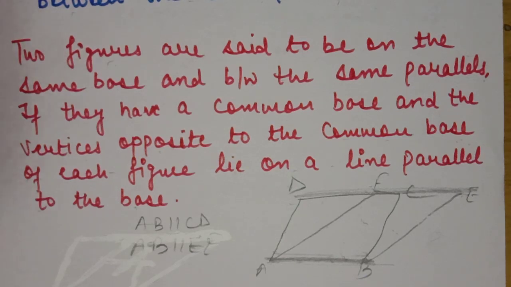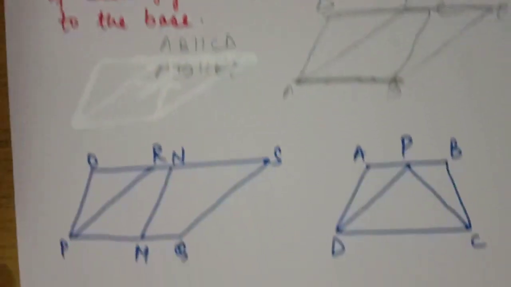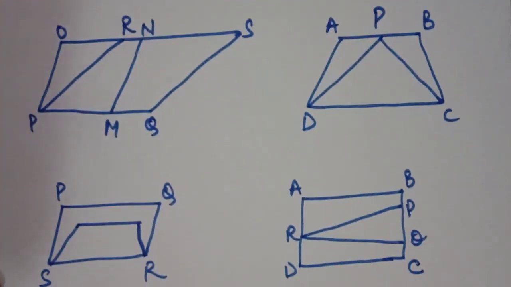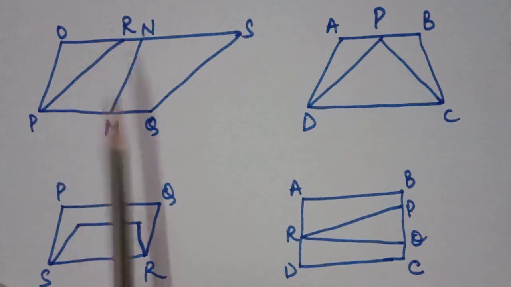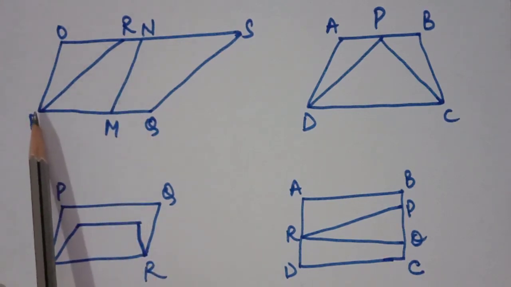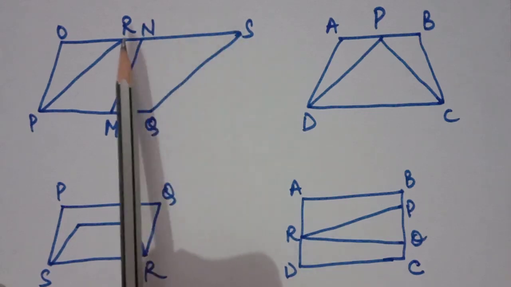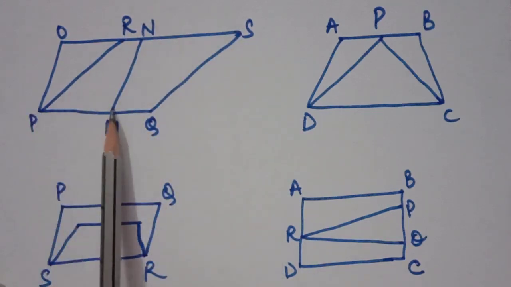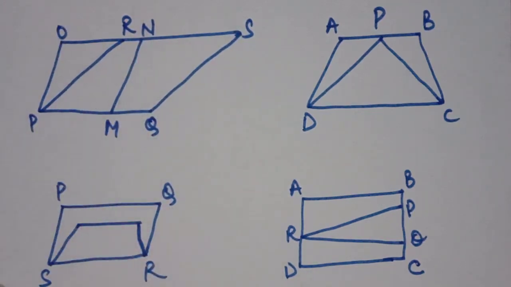Now we will take some examples related to this concept. Students, these are four different diagrams. In this diagram, we have one parallelogram PQSR and the second is PMNO. Students, recognize and try to convert this diagram into two different figures which are present on the same base and lie between the same parallels.